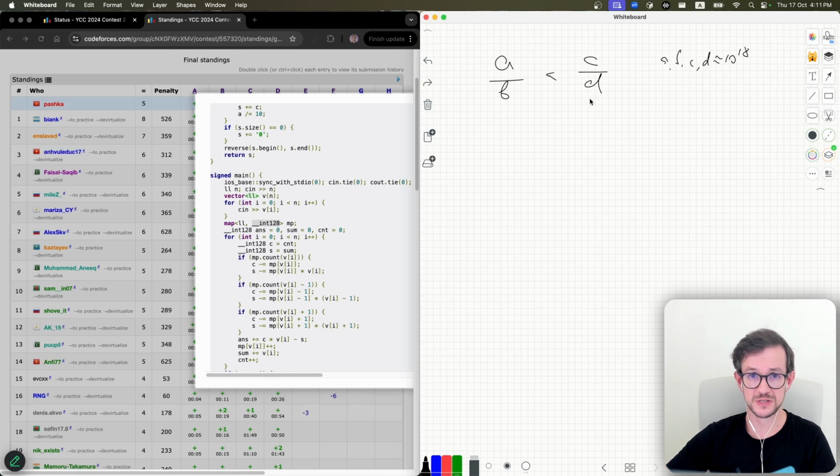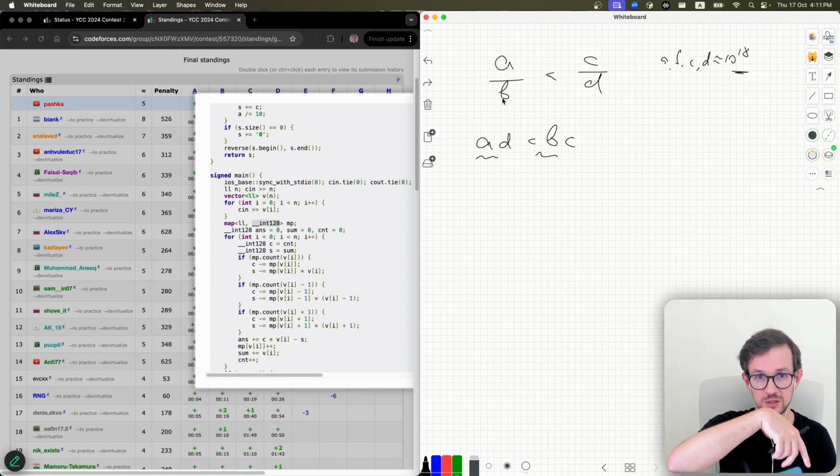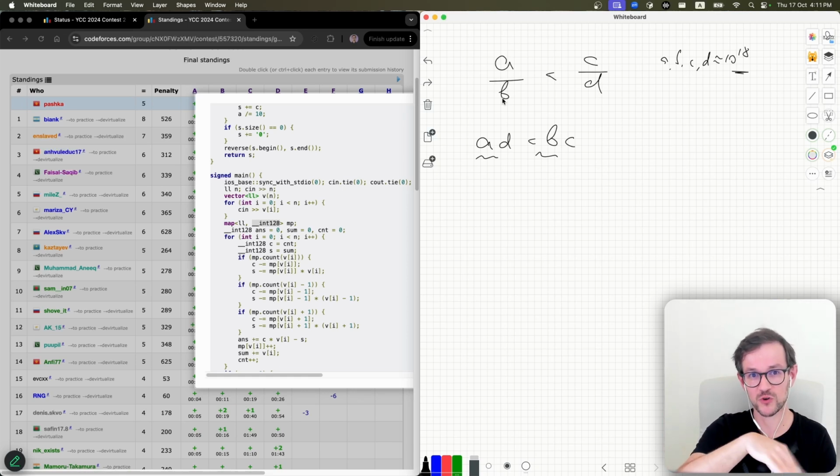But to perform this check, how do you check this? You check that a times d is less than b times c. Normally, you multiply these, and here, when you multiply these numbers, you are out of these 64 bits. So when you perform this check, you can go to 128-bit numbers to perform this check.